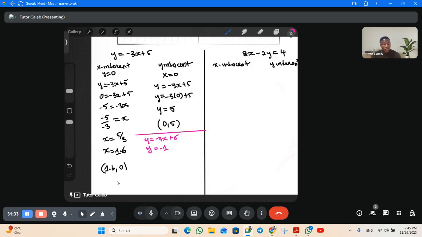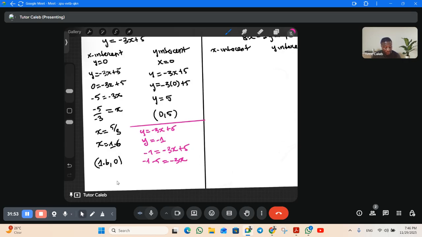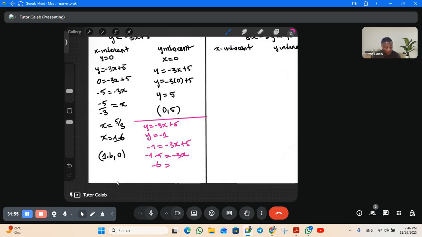If I put y as negative 1, I'll have negative 1 equals minus 3x plus 5, in such a way that I will have negative 1 minus 5 equals negative 3x. The reason why I choose negative 1 is because I know that negative 1 plus negative 5 gives me negative 6, which equals negative 3x.